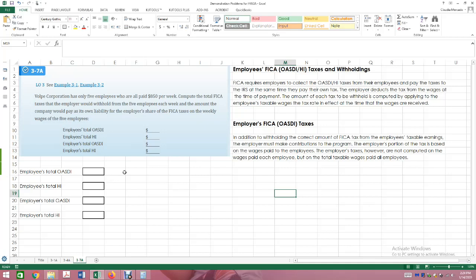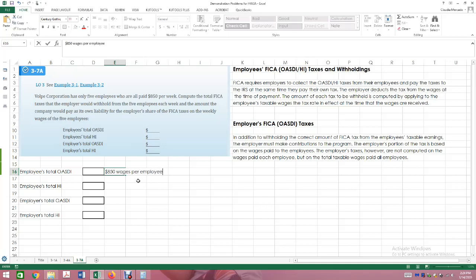So, let's do the calculation here for the employee's total. What I'm going to do here is calculate the taxes for one employee. I know that one employee makes $850. This is the wages for one employee.